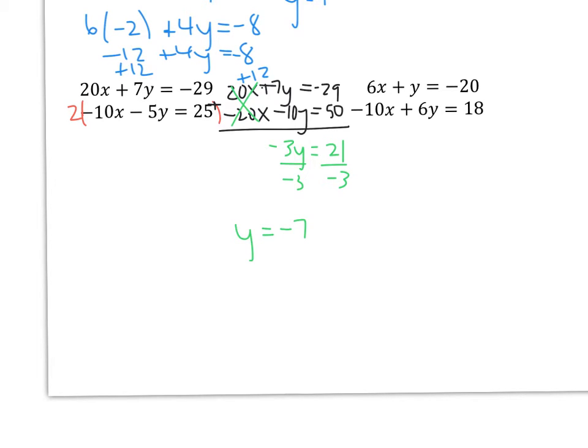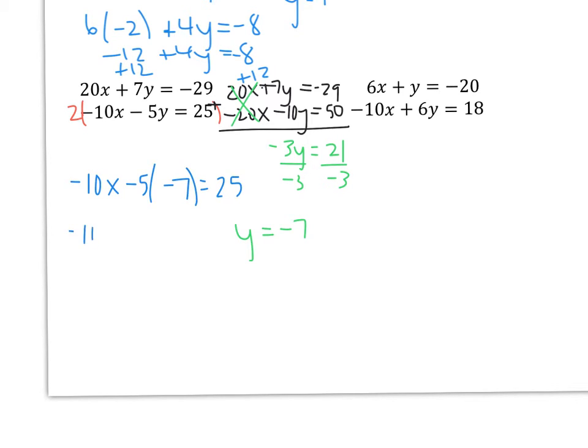Now if I plug that back into either equation, I'll go ahead and plug that into the second one. Negative 10 times negative 7 minus 5y equals 25. Get 70, oops, I plugged that in for the wrong variable. Here we go. Negative 10x minus 5 times negative 7.